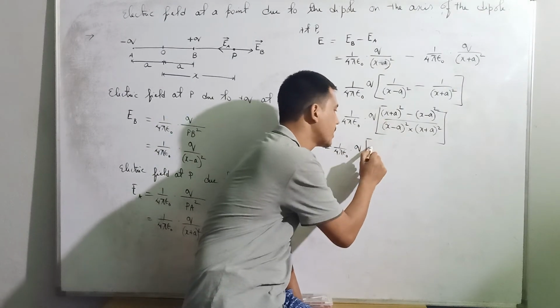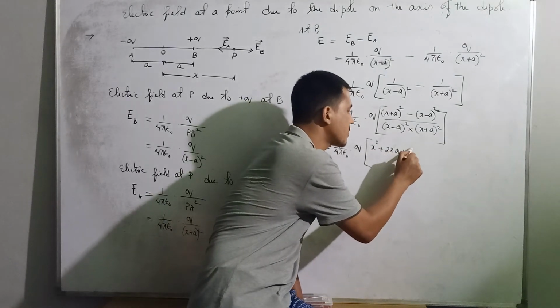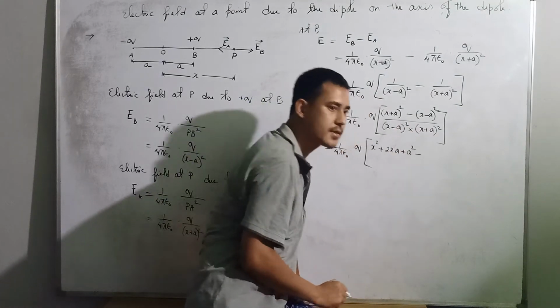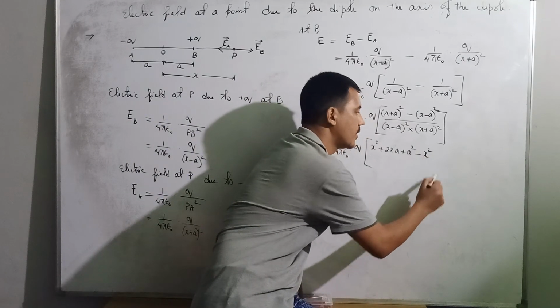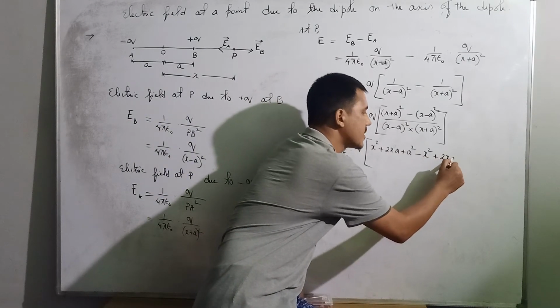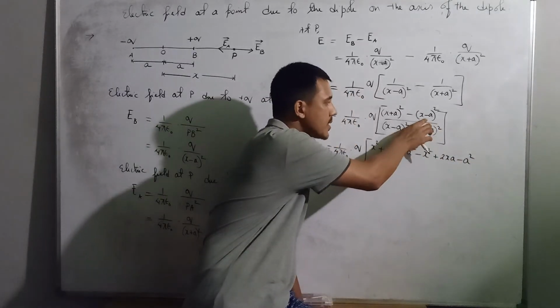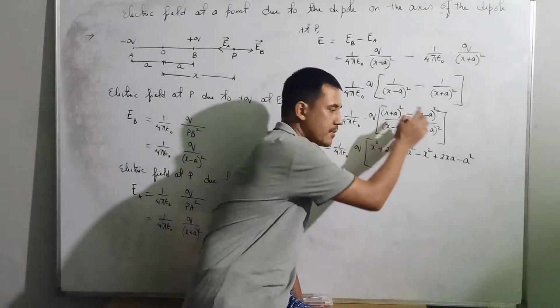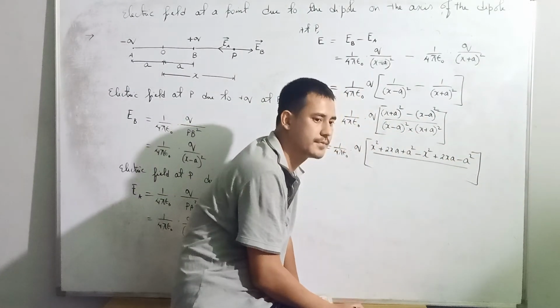Let us expand. x square plus 2xA plus A square minus x square plus 2xA minus A square. I'm expanding and at the same time multiplying by the negative. What can you say about the denominator?